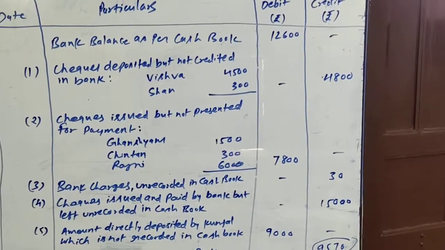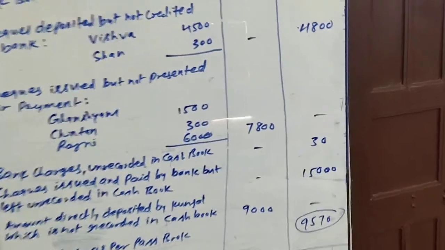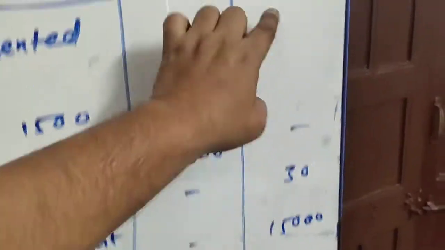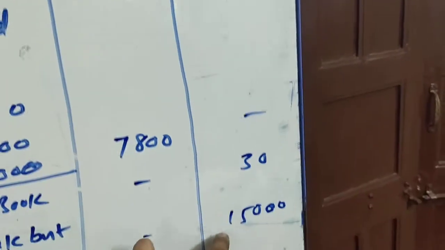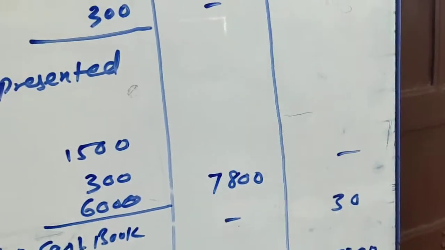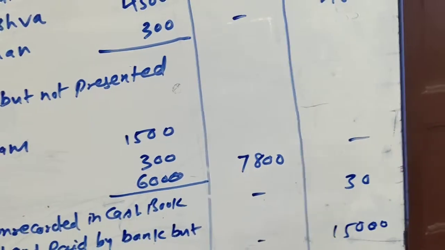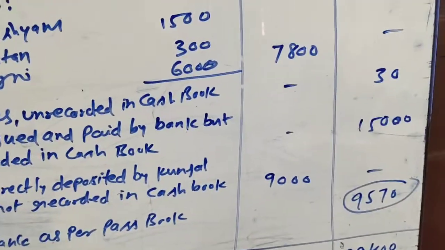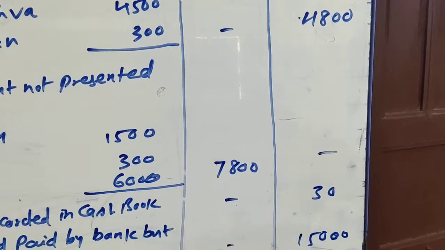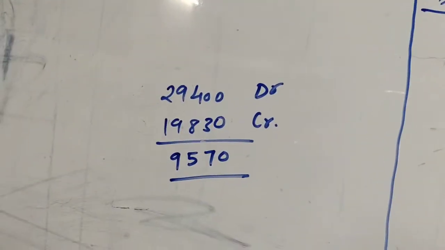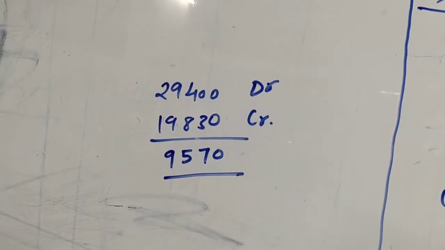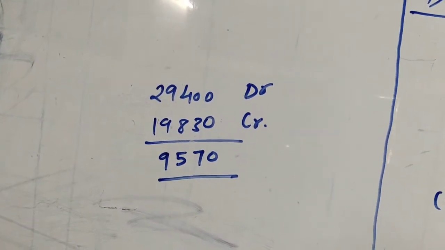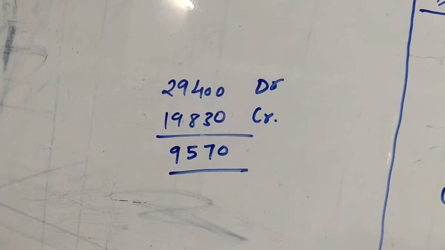Earlier I have written it rupees 1,500, it is 15,000. So 3 items, 4,800 rupees, 30 and 15,000, and the total of 3 items is 19,830. So total of debit side is 29,400 and total of credit side is 19,830. So the difference we will find, and when I deduct 19,830 from 29,400, I get 9,570.